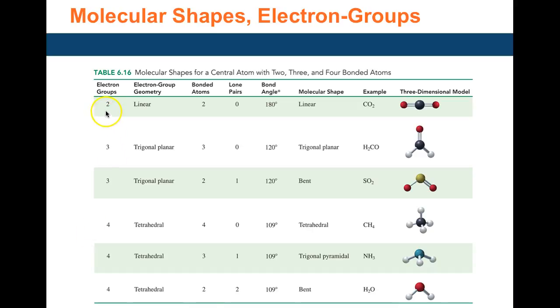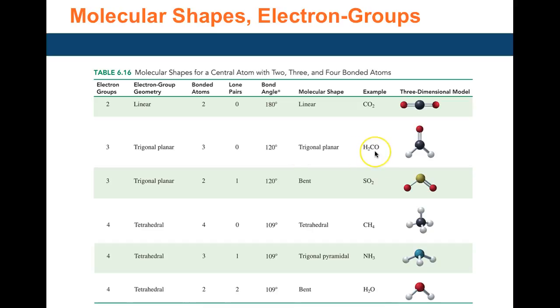So to summarize, if it is 1 or 2 electron groups around the central atom, then the shape is linear, all right? The two bonded atoms, remember, even a double bond is considered to be one electron group, all right? So there's no lone pairs, it's 180 degrees. If you have 3 electron groups, that means 3 bonds, right? No lone pairs, then it's trigonal planar, 120 degrees angle, all right?